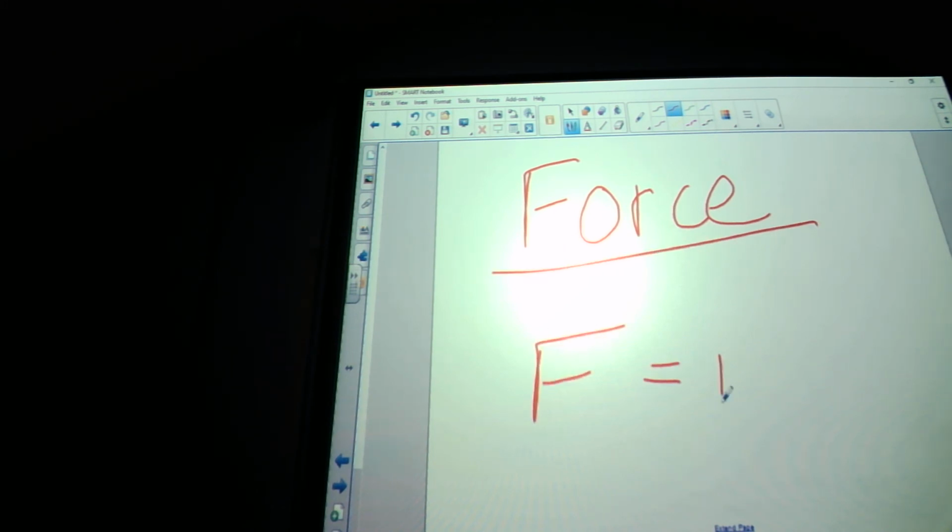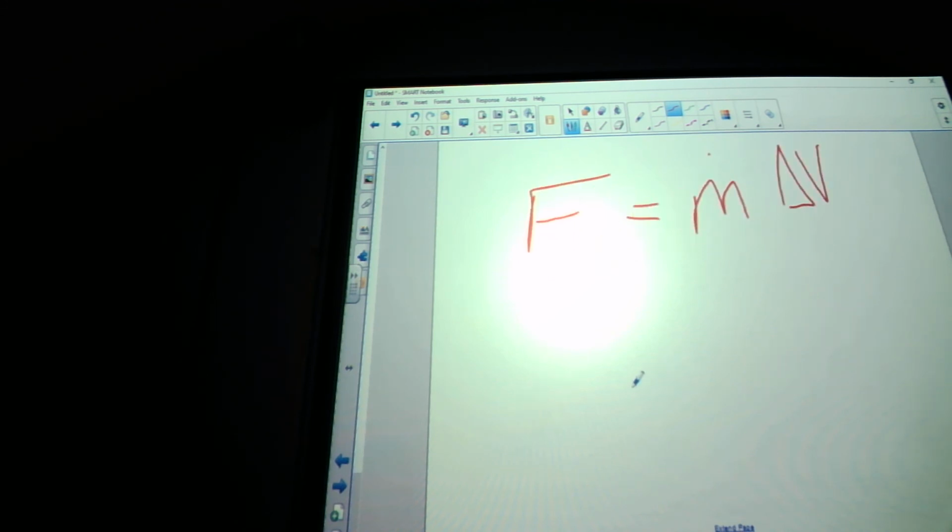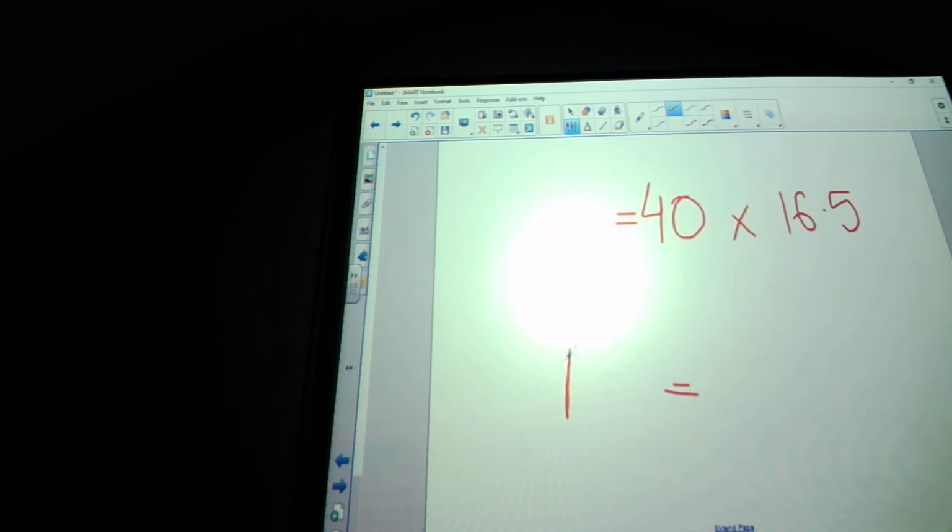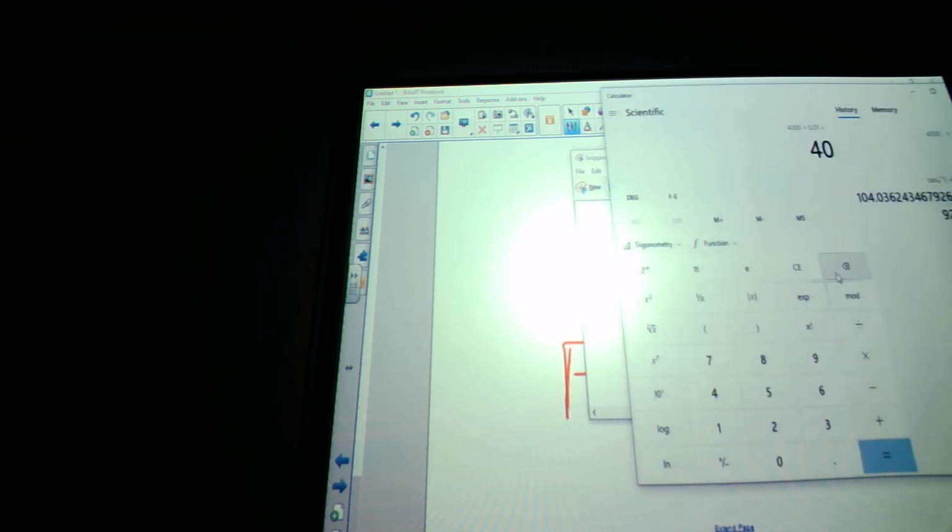F equals m delta v, where delta v is the velocity. That is 40, and that's, I think, 16.5. I just rounded off. And that will give me the force, which is 660.